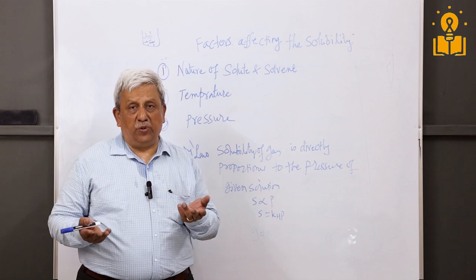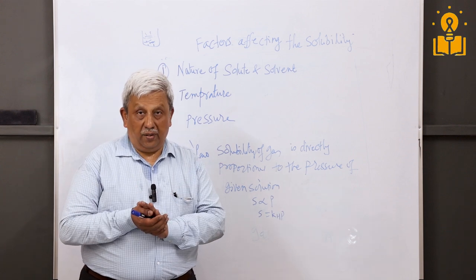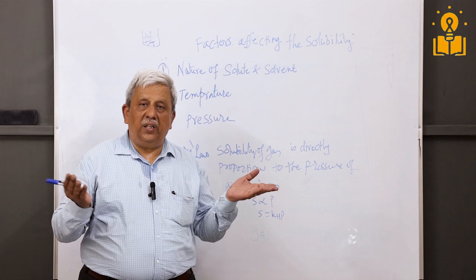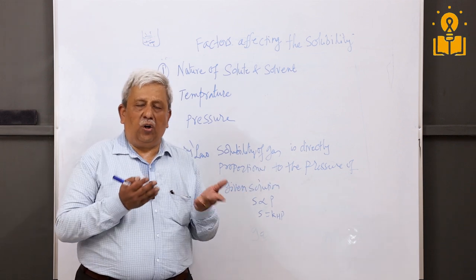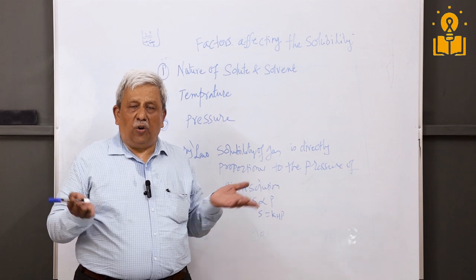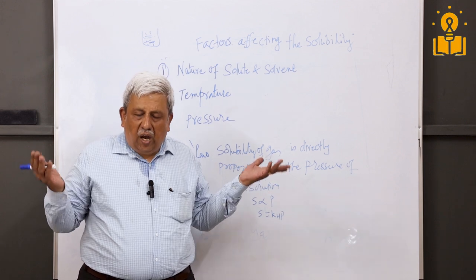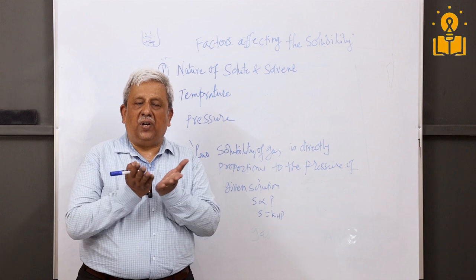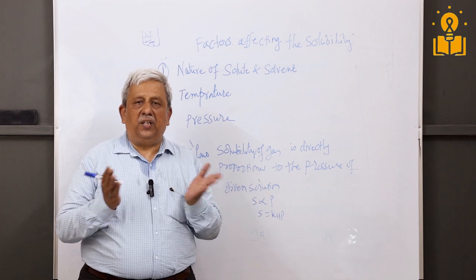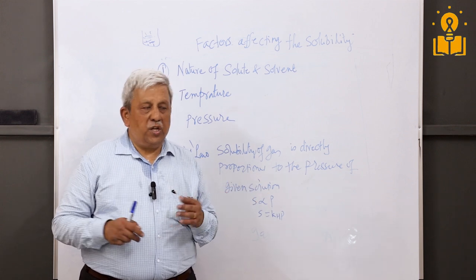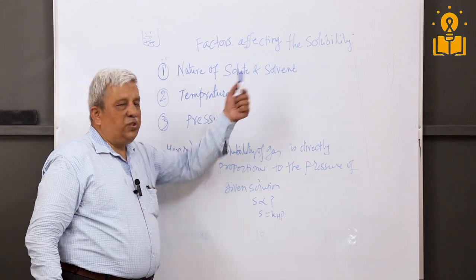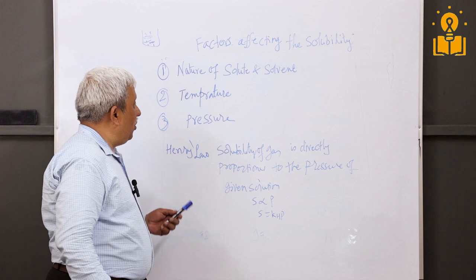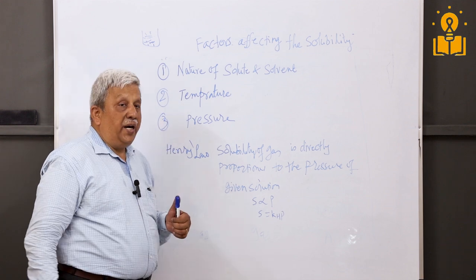That is like dissolves like. Similarly, acetone gets dissolved in alcohols and phenols. So two different types of organic liquids get dissolved in each other. That is the nature of the solute and solvent. That is the first factor.